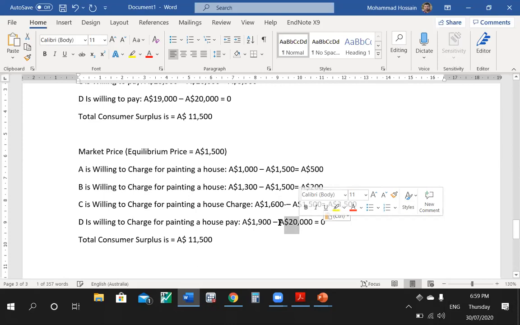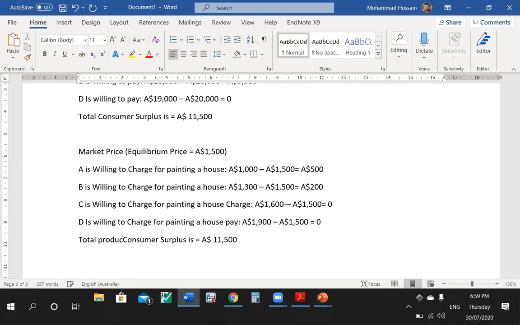And D also got no job because he's not willing to work for 1,500. So these people have no job here. They are not producers. So the producer surplus here will be $700.